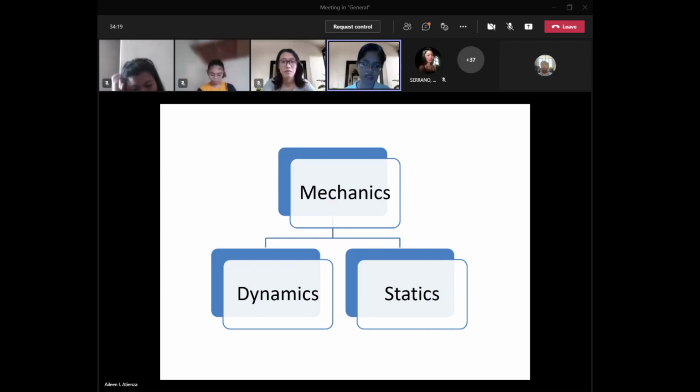So even if the object is at rest, we can still expect to have forces, but these forces are equal and in opposite direction. That's why bodies are at rest. Okay?